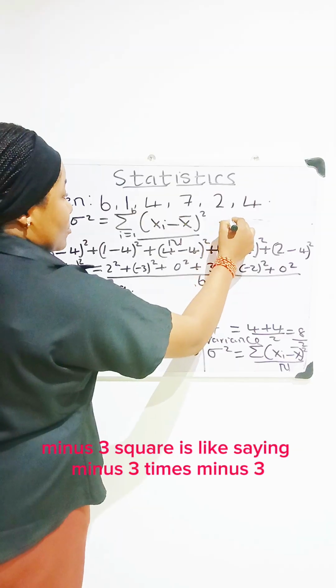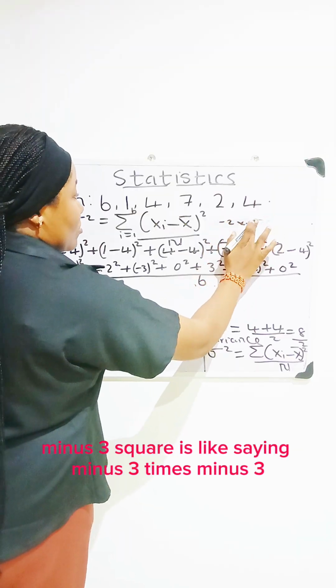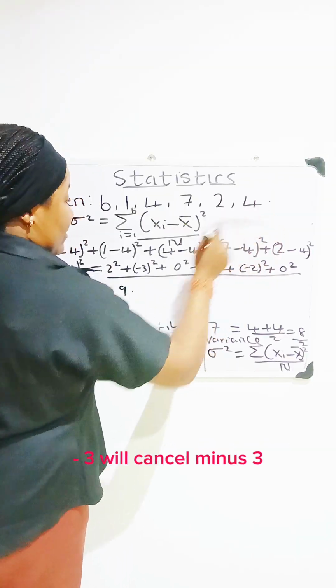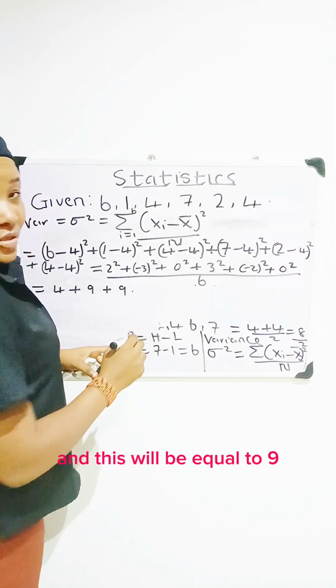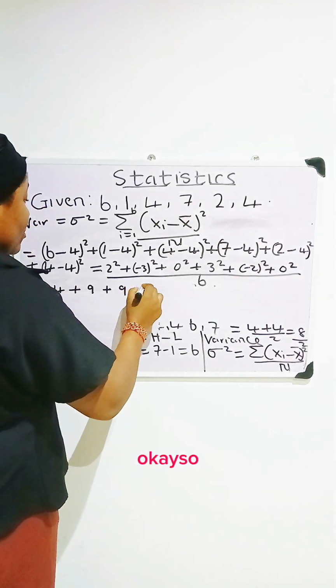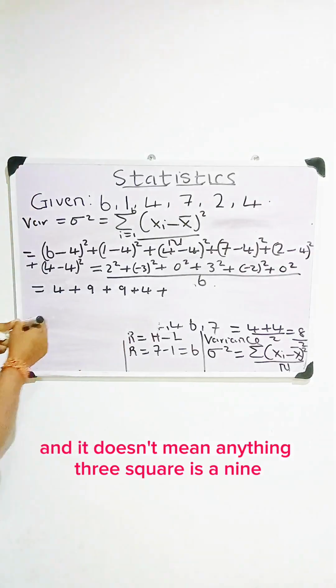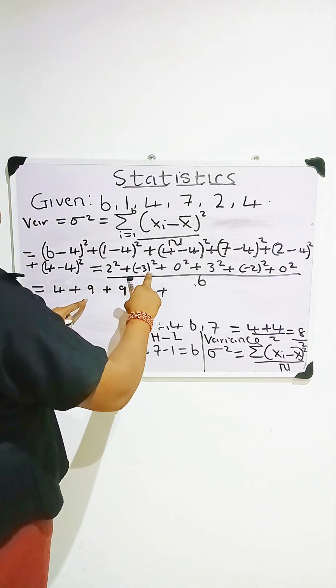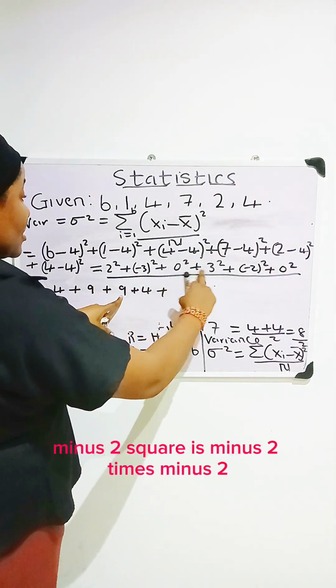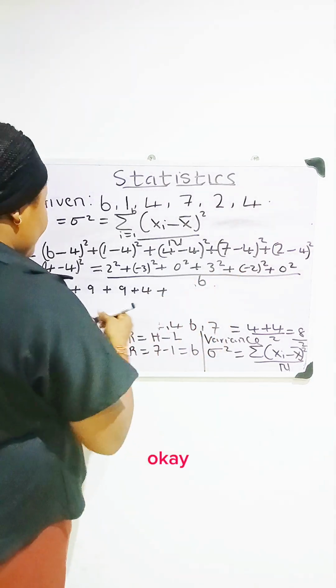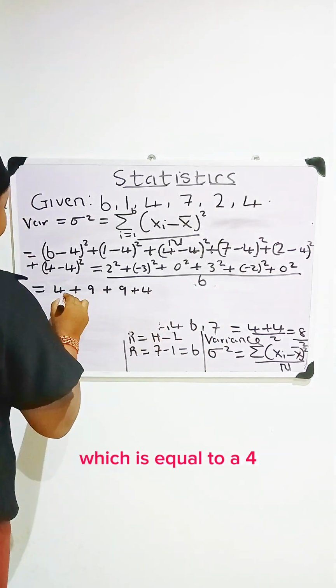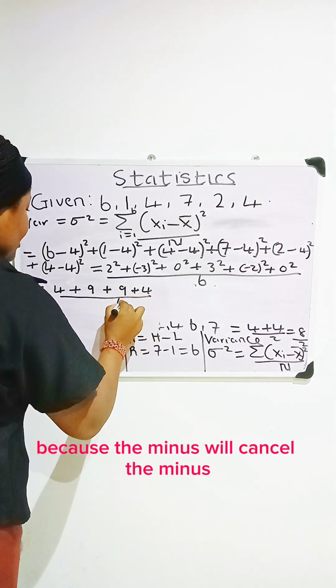Minus 2 squared is minus 2 times minus 2, which is equal to 4, because the minus will cancel the minus. So this is plus 4, plus 0 does not mean anything. So we have 4 here, we have 9 here, we have 0, we have 9, and we have 4, and then we divide it by our 6.